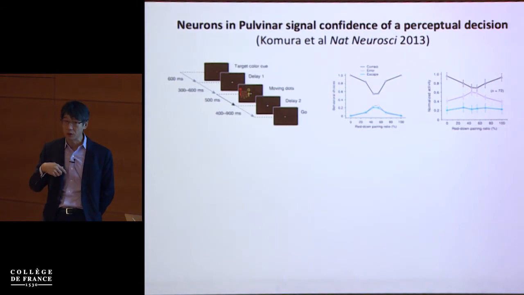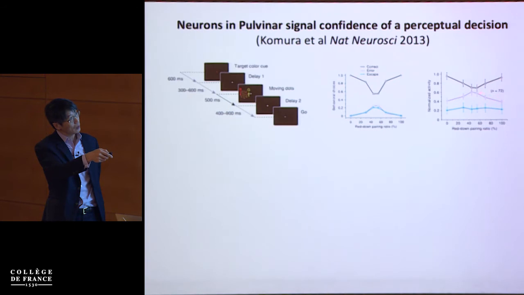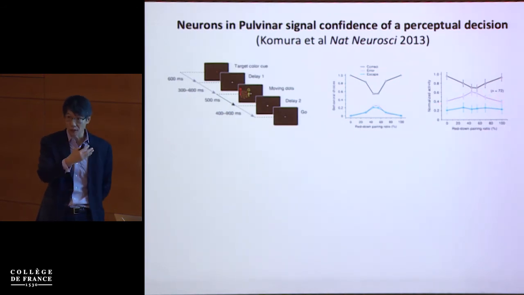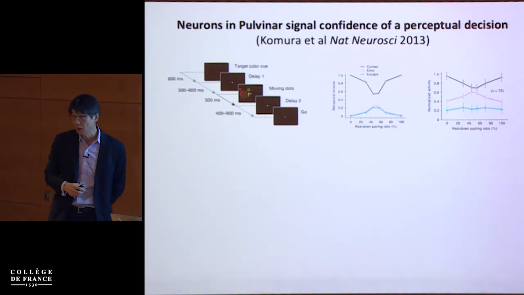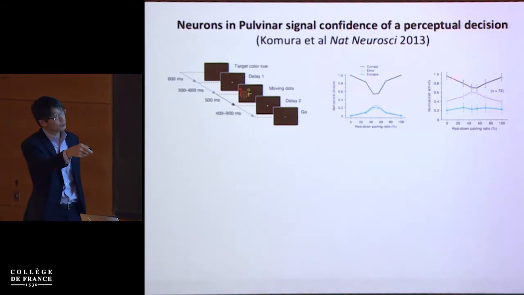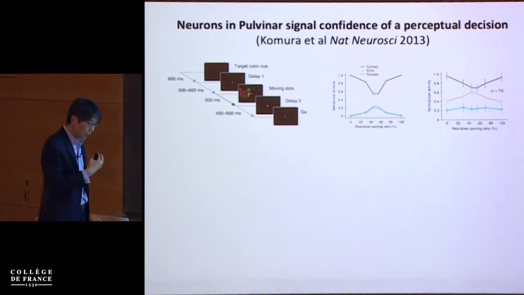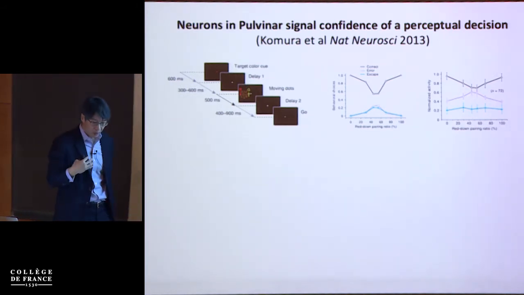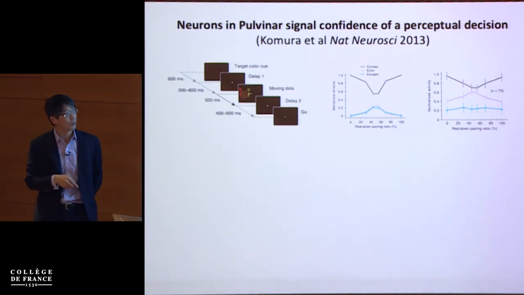You probably should not be so confident, and so the confidence estimation should be low over here and over here. That's what they found at the behavior level using this opt-out option, behaviorally, but also single neurons show the same kind of dependence. All right, and this is a very typical type of neural signal you look for if you want to find where in the brain can actually compute this kind of confidence estimate.